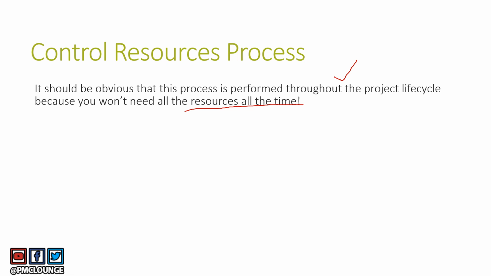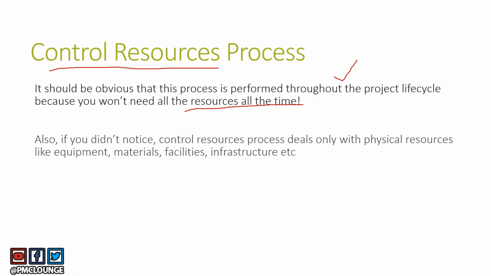And you also need to make sure 2 weeks from now what resource you need and is it available or not. The availability, obviously you would have already planned for it, but you will just confirm it 2 weeks in advance or 1 week in advance or 1 day in advance. It basically depends on the project manager, but that is something that you are going to do. So of course, the control resource is a process that you are going to be carrying on throughout the life of the project.